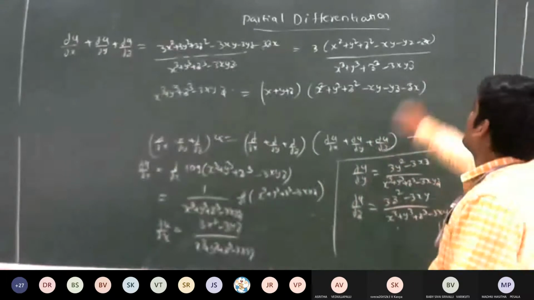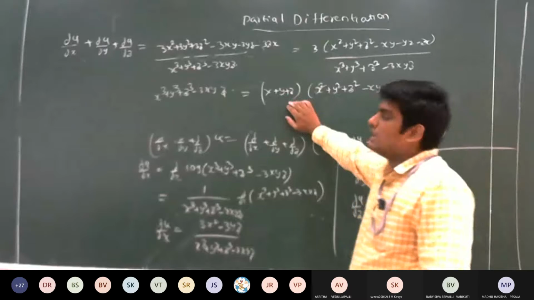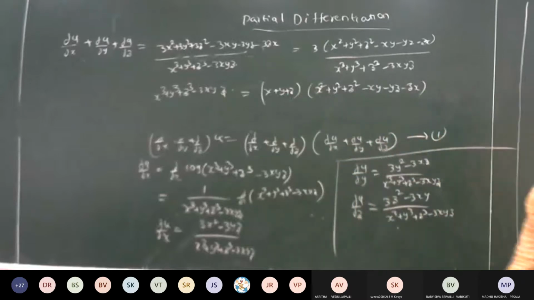So the denominator value is nothing but the product of x + y + z and x² + y² + z² − xy − yz − zx. If you have any doubt, you can multiply the two terms and you will get the left hand side value. So is it clear up to this?